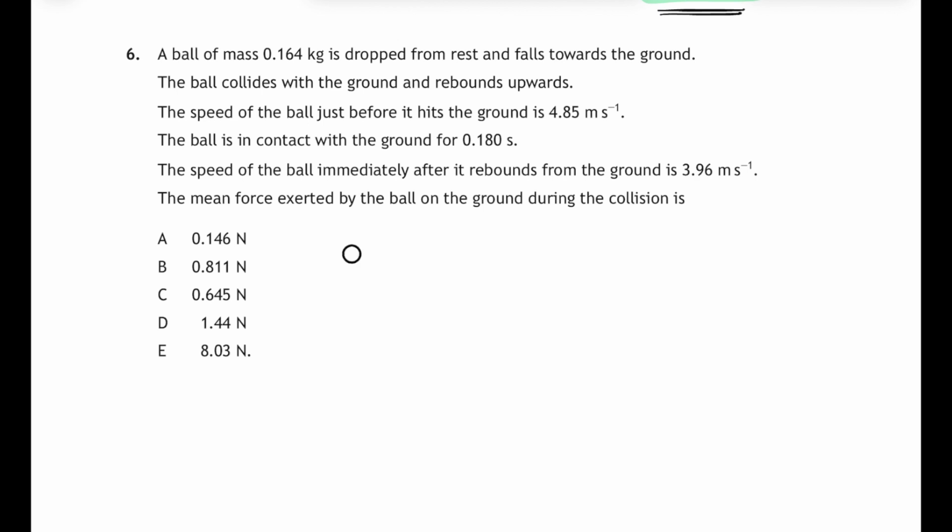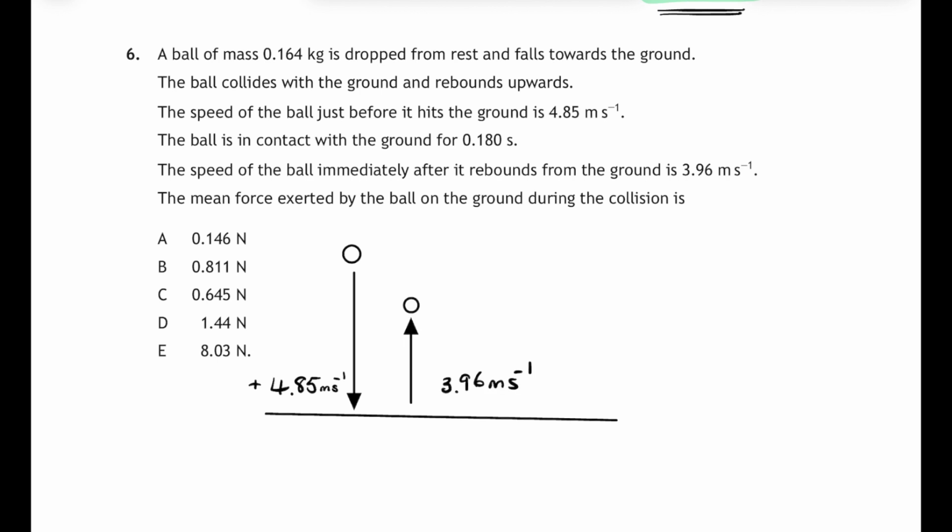Let's do a little diagram. There's our ball. It falls and hits the ground at 4.85 metres per second. Let's call that positive. Downwards is positive. It rebounds at 3.96 metres per second, and that of course will be negative because it's in the opposite direction. Then we have to work out the mean force exerted by the ball on the ground during the collision.